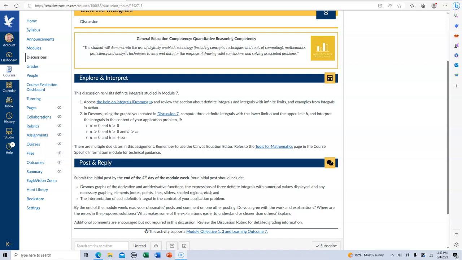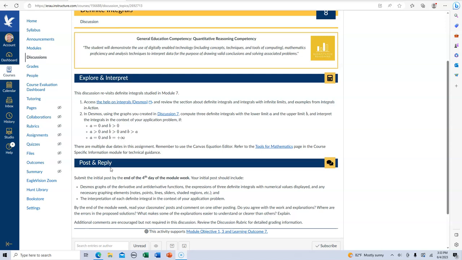So without further ado, I've got the discussion post description pulled up here, and it basically says we're going to look at the antiderivative, I should say the first derivative from last week, and the antiderivative, obviously, which was one of your base functions from week 1.